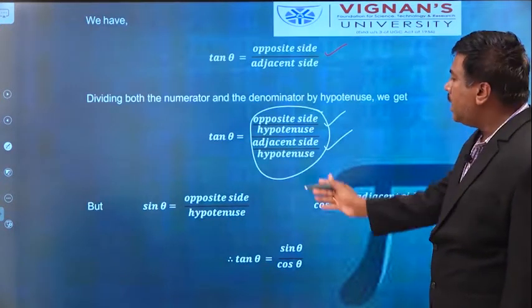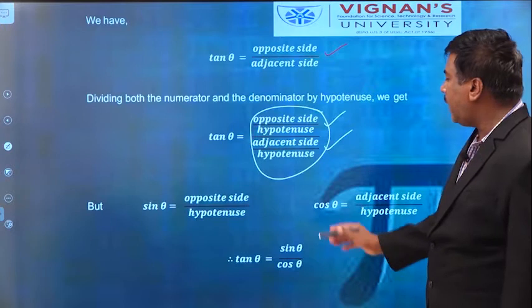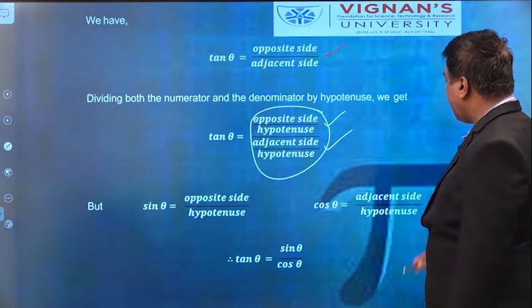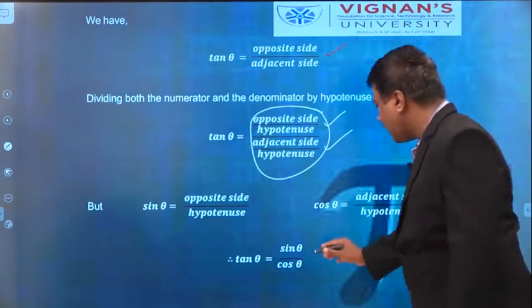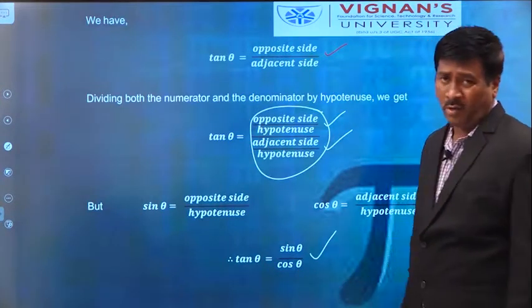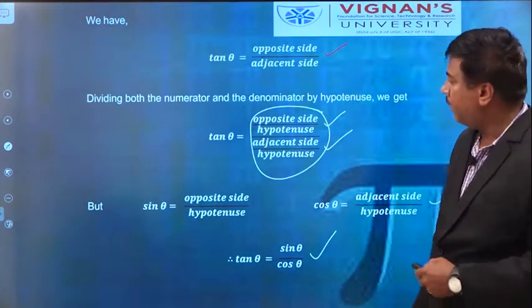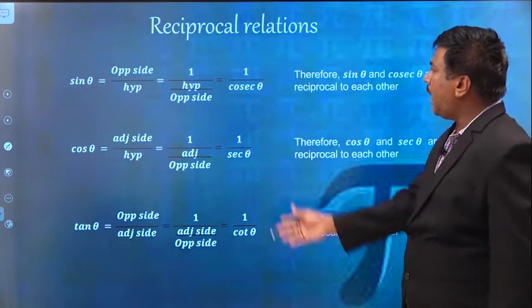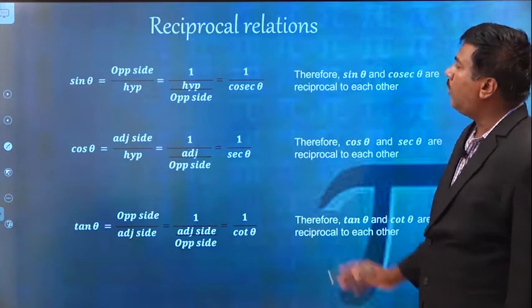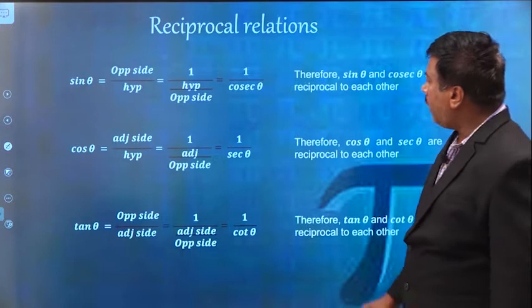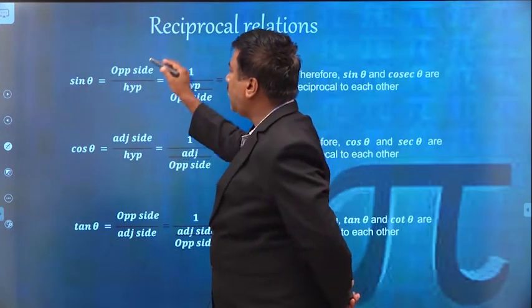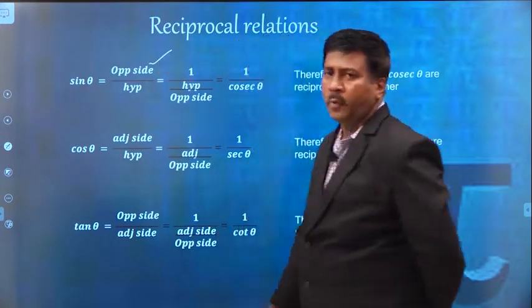Similarly, sin theta is equal to opposite side by hypotenuse and cos theta is equal to adjacent side by hypotenuse. Therefore tan theta is equal to sin theta by cos theta. All of you catch my point? Now, similarly, the reciprocals of the relations. Here sin theta is equal to opposite side by hypotenuse.